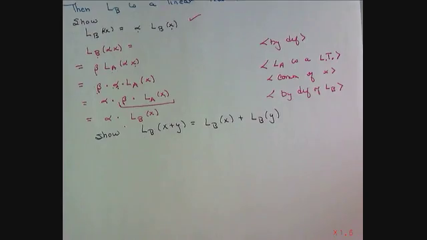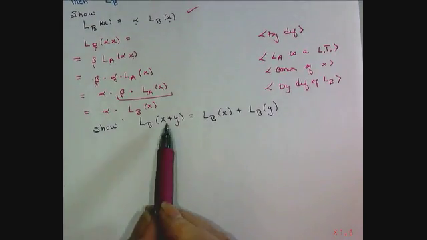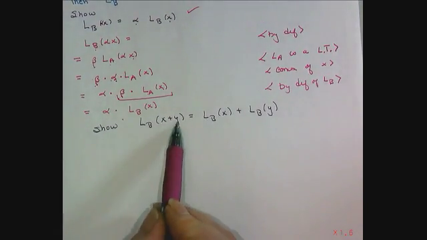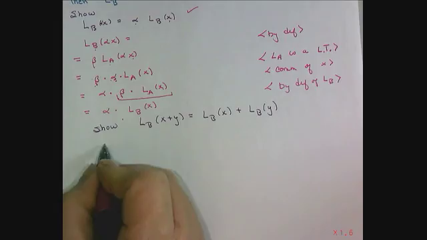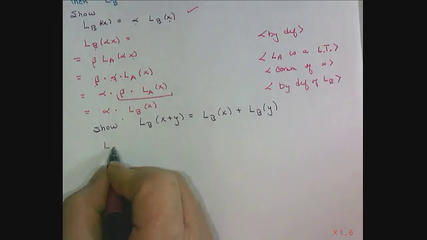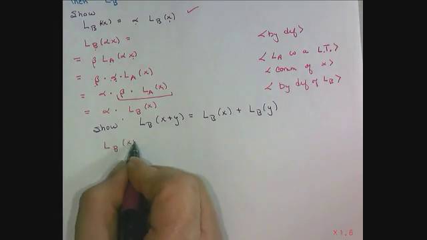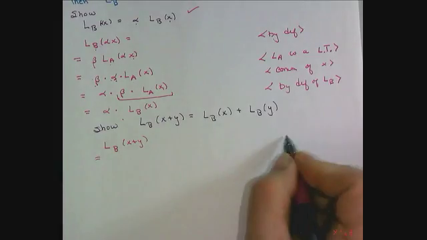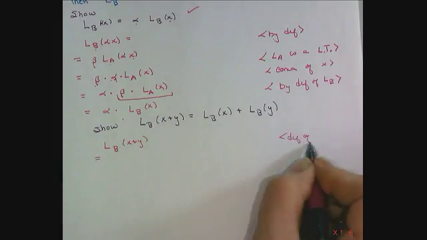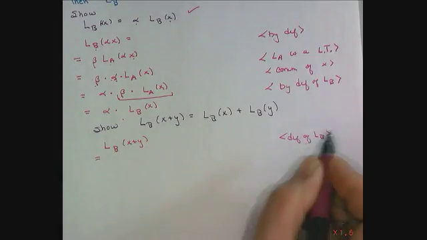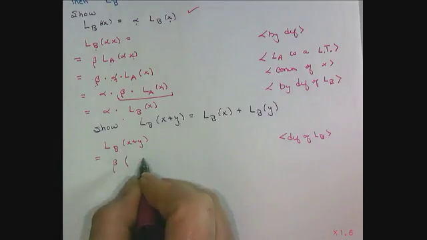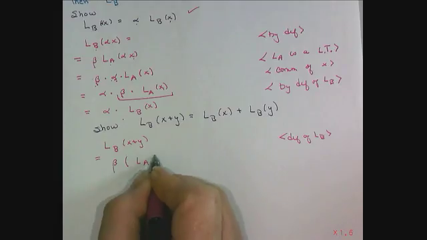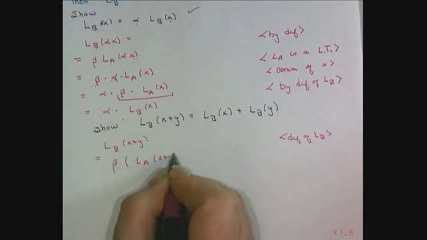Let's try the next part. We would need to show that for all vectors x and y, L sub B of x plus y is L sub B of x plus L sub B of y. Let's do the same thing and start with the left-hand side, L sub B of x plus y. Well, by definition, what is that? It's just beta times L sub A of x plus y.